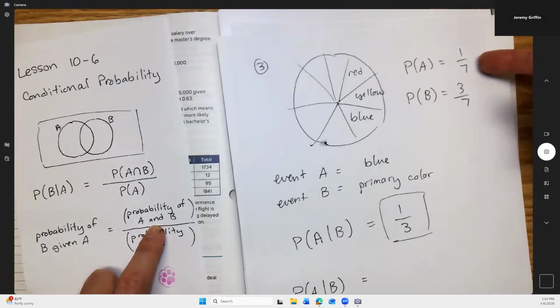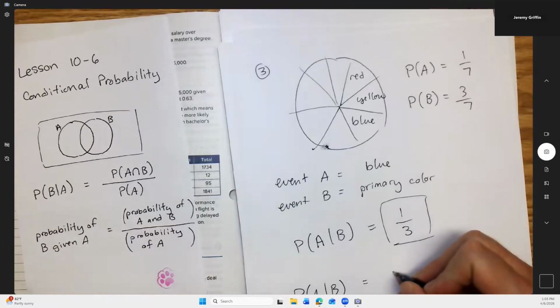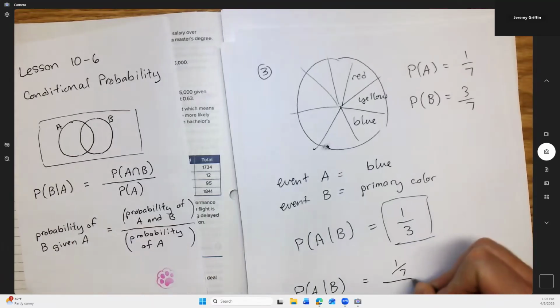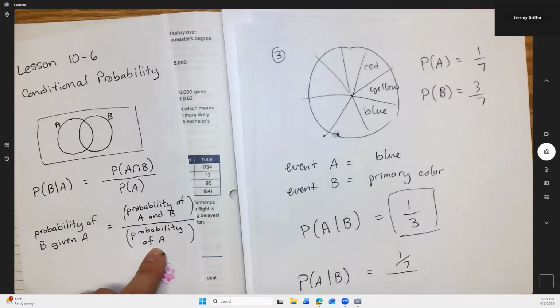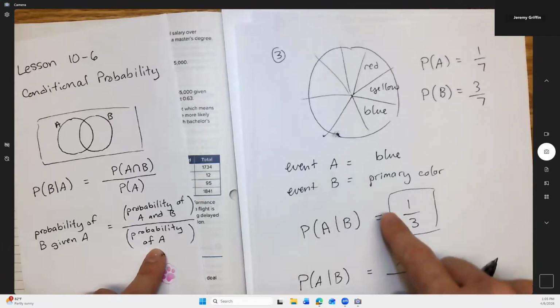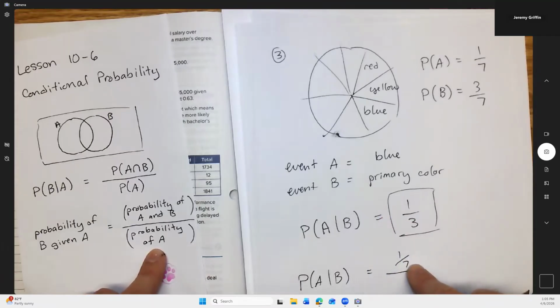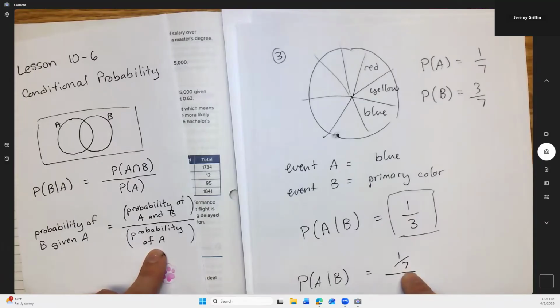I mean, if you pick blue, it will also be primary, so it's 1 out of 7 times. Okay, and then the probability of event B, oops, sorry, did I get that wrong? 3 out of 7. There's probability of event B, A and B. Event A, it's blue. A and B happening.